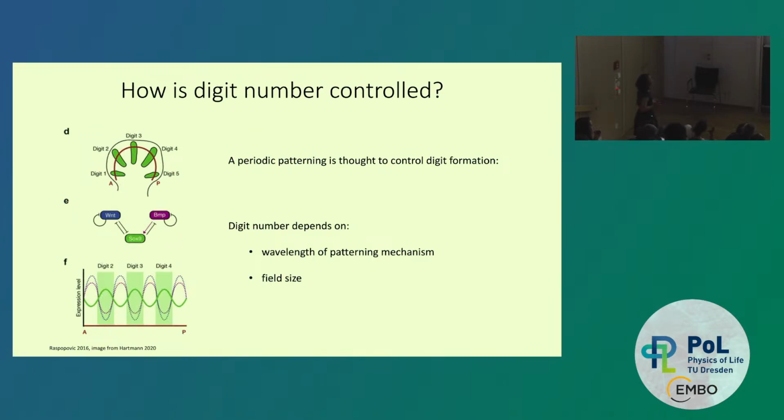So what determines digit number? There have been a lot of theories about how digits form. One recent work from James Sharpe's lab suggests that you might have a Turing-type mechanism that creates a field of periodic elements that represent the forming digits that will then grow out.